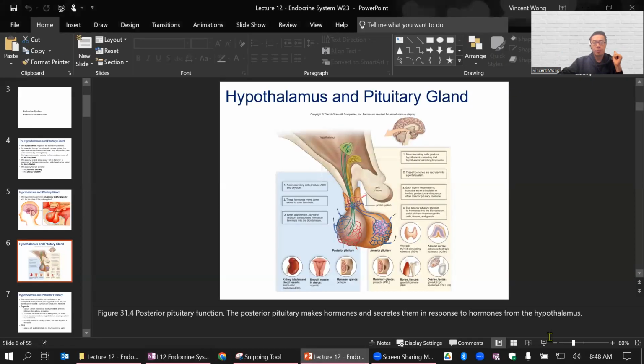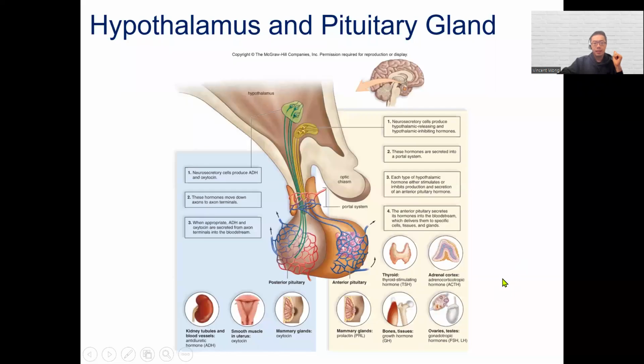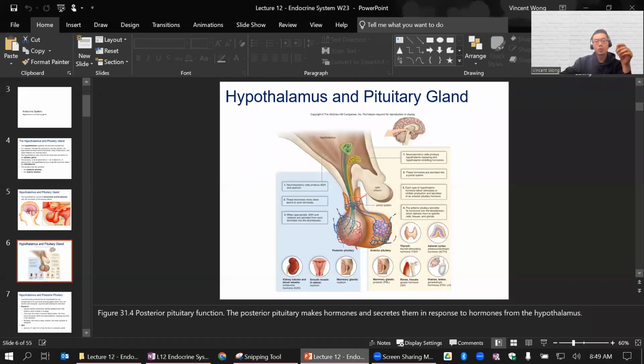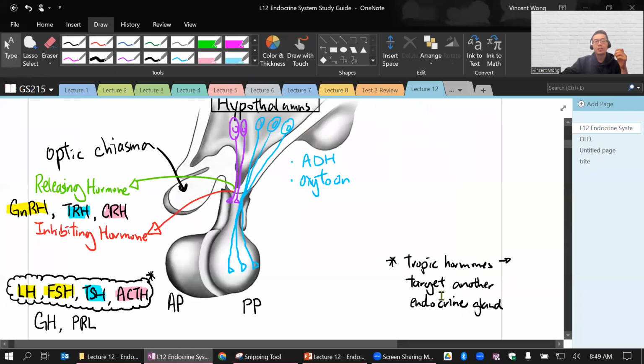Okay, let's go back to here. So this basically conveys the same information. It's too small for you to read right now, but you can read it on your own. On the other slide that you drew, what did you say about tropic hormones? Oh, the tropic hormones are the hormones that are going to be targeting another endocrine gland. So for example, LH and FSH, they target the gonads, right?